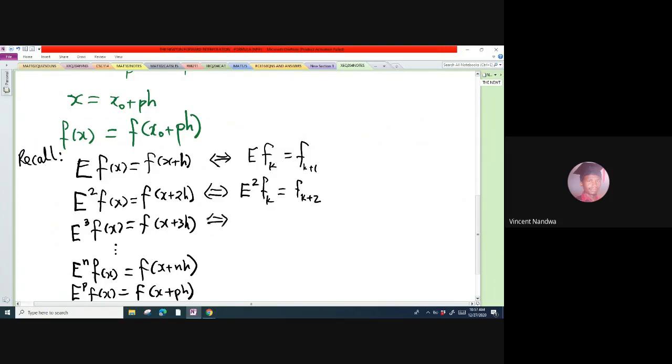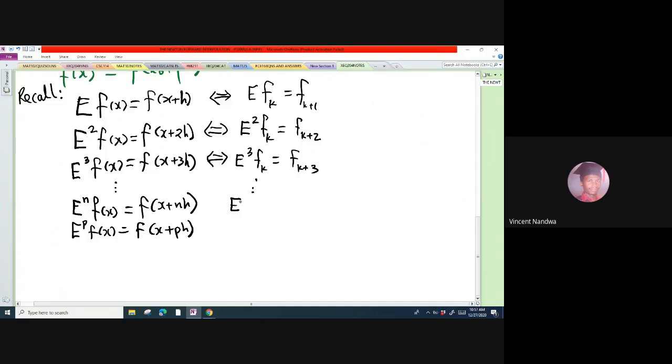Similarly, E power 3 of fk is fk plus 3. E power n of fk is fk plus n. And E power p of fk is fk plus p.